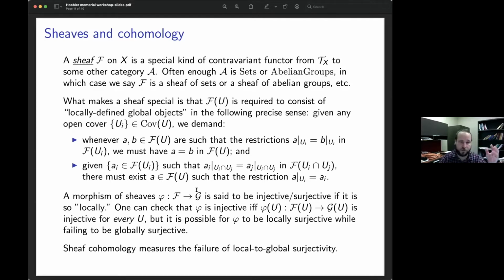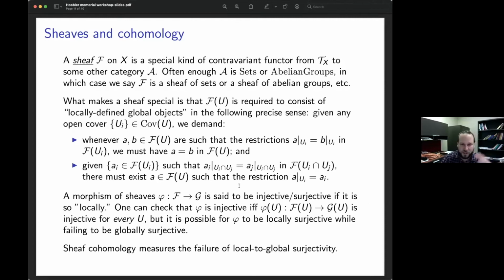If the sheaves consist of abelian groups or sets, I just mean a map of the corresponding sets on each open U. And one can define what it means for a morphism of sheaves to be injective or surjective, and the definition is of a local character. Okay, to be injective or surjective means that you are that thing locally only.